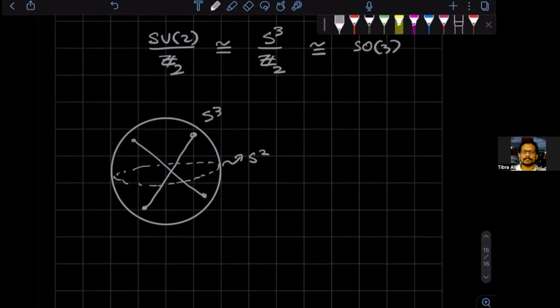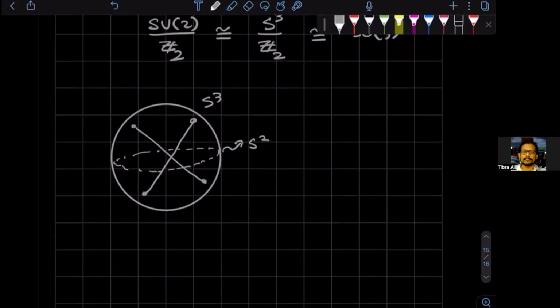So that means that all the points in the northern hemisphere can be identified to antipodal points in the southern hemisphere, except for the equator. On the equator, we have, of course, also the antipodal identification.